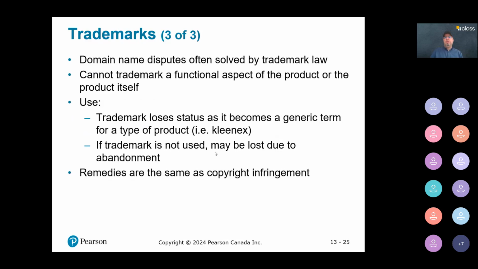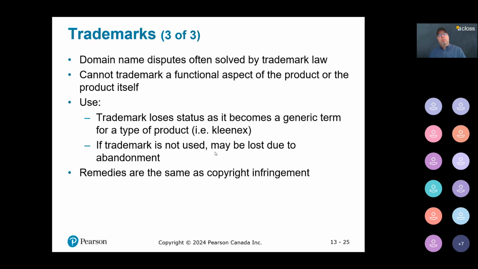What else? So I talked about trademark for web domain. Now, if a trademark is used as the name of a product, the example here, Kleenex, then that trademark loses protection because it became so famous that it became the name of a product. You know what Kleenex is?